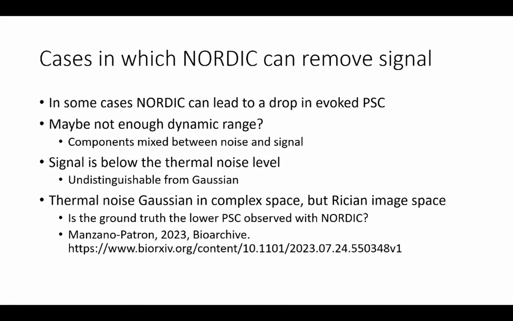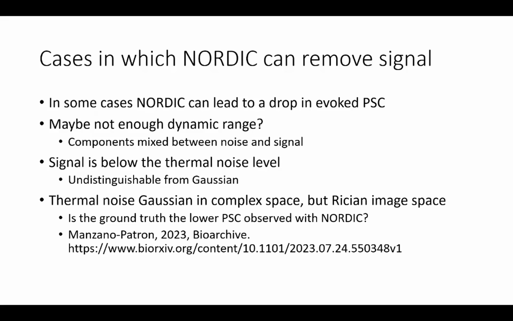And then there's this hypothesis that is based on what thermal noise looks like. Thermal noise is Gaussian in complex space. However, there are several older papers that show that as you move to image space, this distribution changes from Gaussian to Rician. The main point being that while Gaussian noise averages to 0, so it has a mean of 0, Rician has a mean larger than 0.